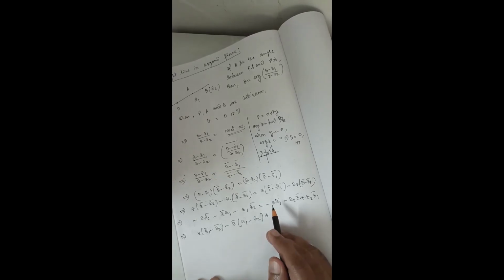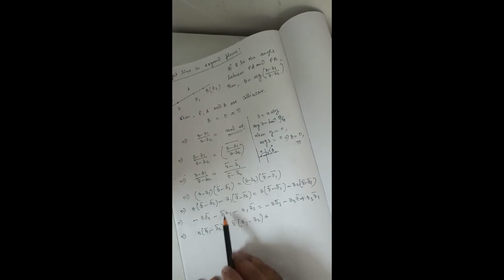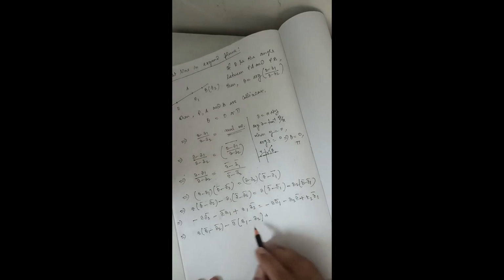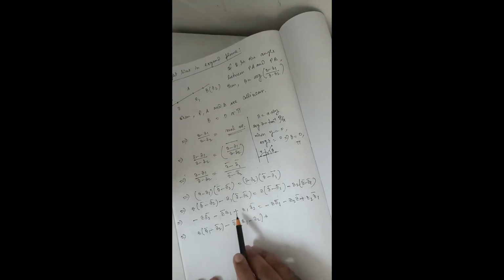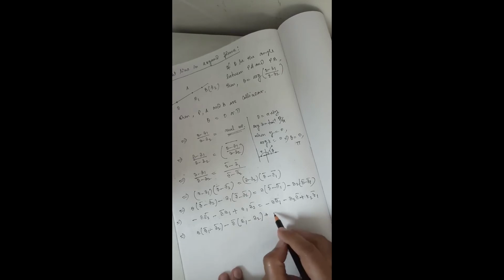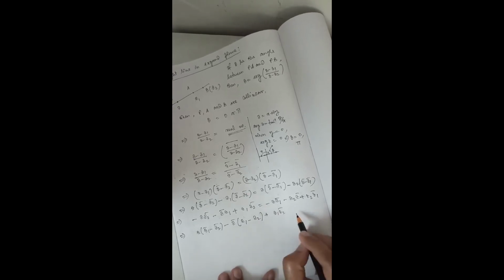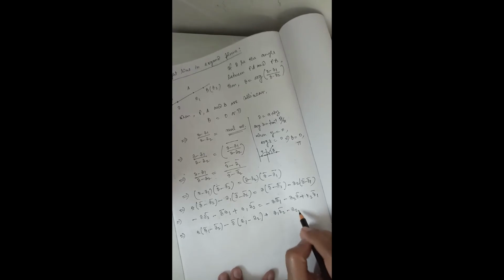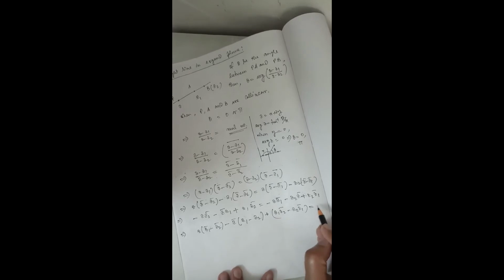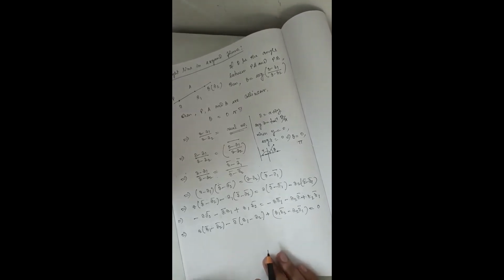So this will be plus z1 z2 bar minus z2 z1 bar equals 0. So this is the equation of a straight line.